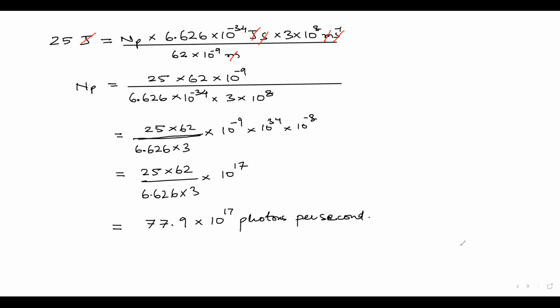Okay, guys. So you can do these type of questions, right? Yes, sir. Okay, fine. So there is one question in which you have a bulb of, let us say, 100 watt, and the wavelength is equal to 400 nanometer.